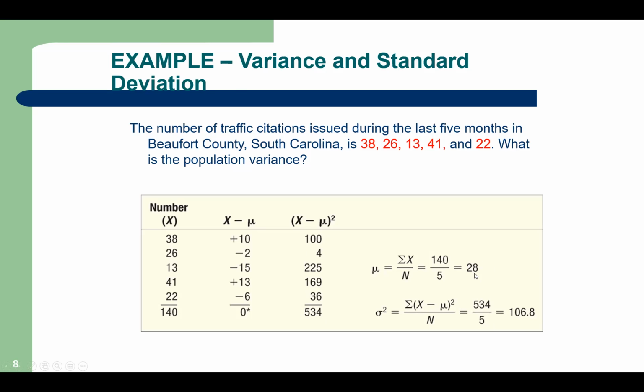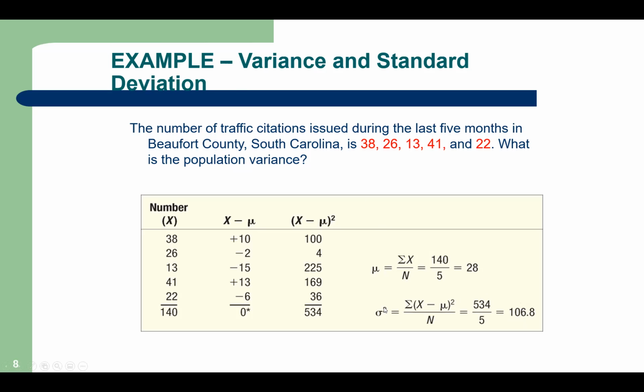So here you can see there is a huge difference between the deviation and the mean value. The mean value is 28, but the variance is 106. That is variance, not deviation. If we want to interpret this variance, because these are squared, we can say it's a squared deviation.